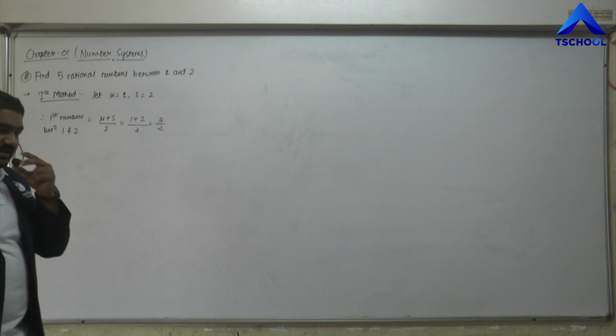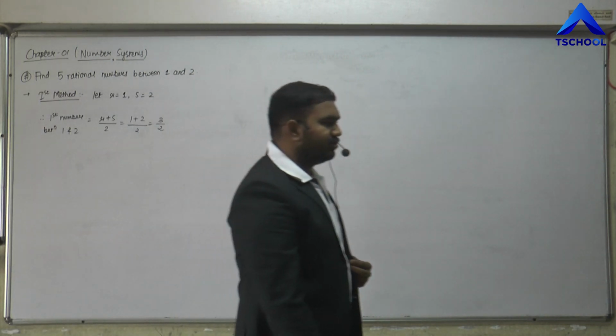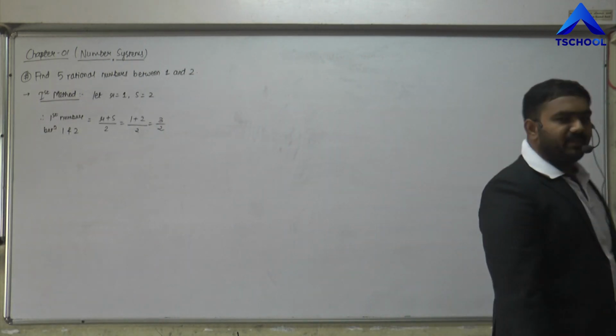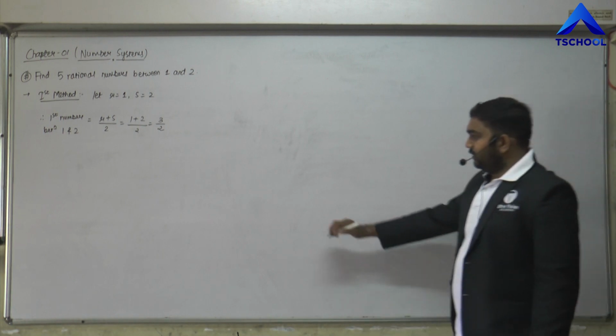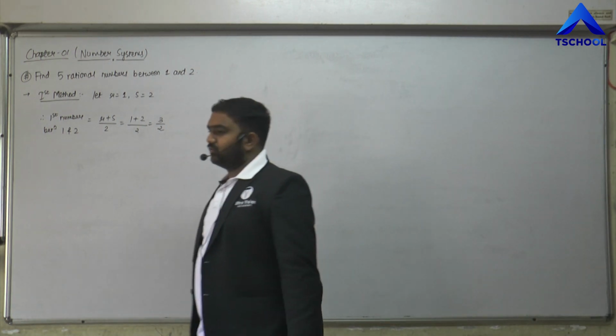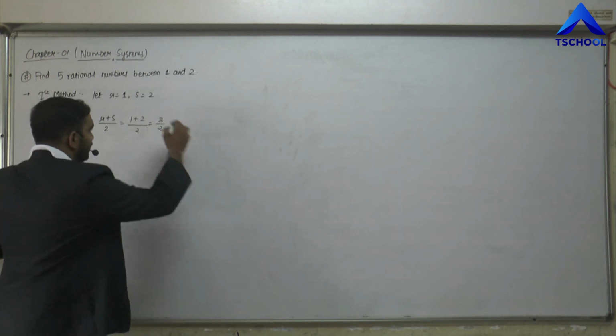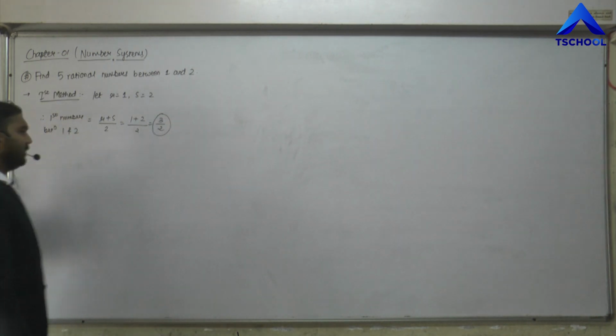You can see friends that 3 by 2 here is a rational number that shows us the p by q form, and the denominator here is a non-zero one, so that is a valid rational number. So the first number here is 3 by 2.